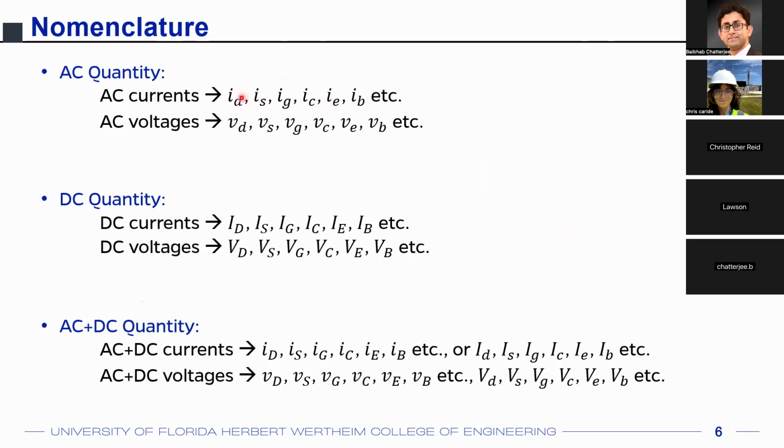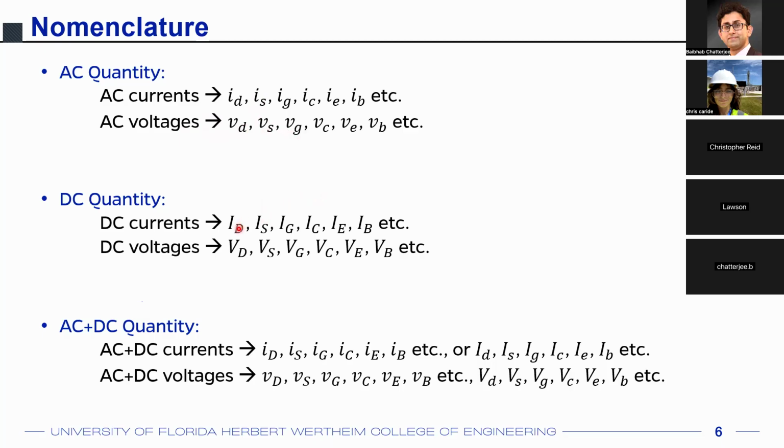Currents are represented with I, it could be I at point D. These are basically for MOSFETs and BJTs, the drain, source, gate. We'll discuss all of those later in the class. But for any node represented as D, S, G, or any other letter, everything will be represented with lowercase. Voltages, again, lowercase: VD, VS, VG, etc.